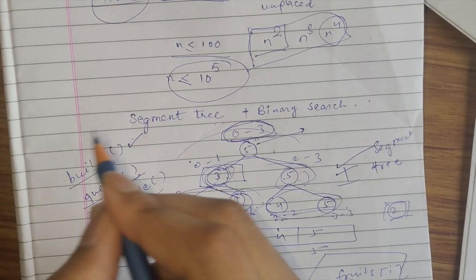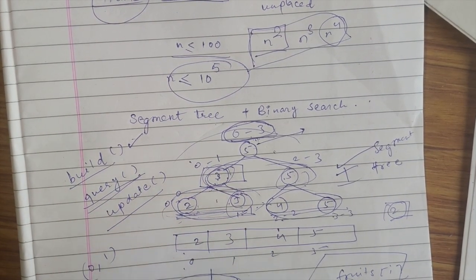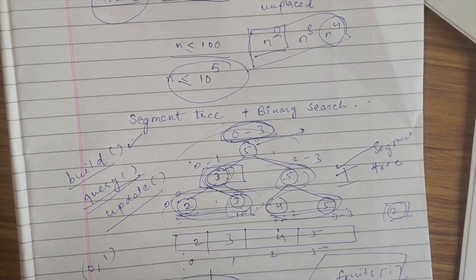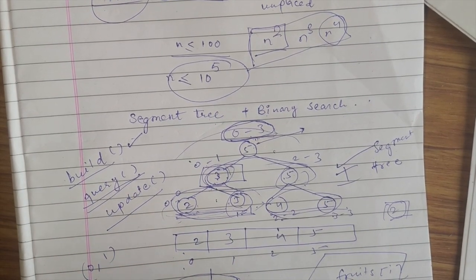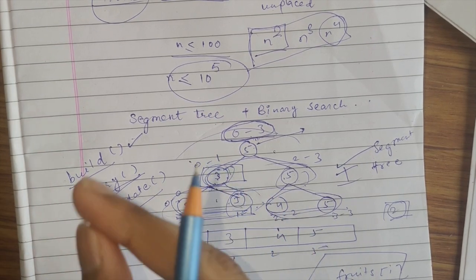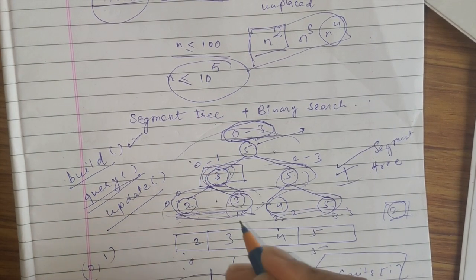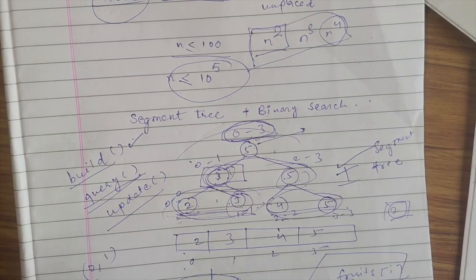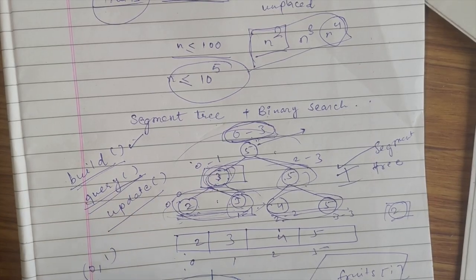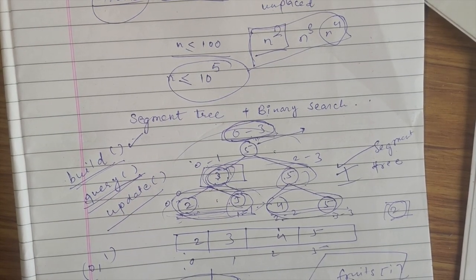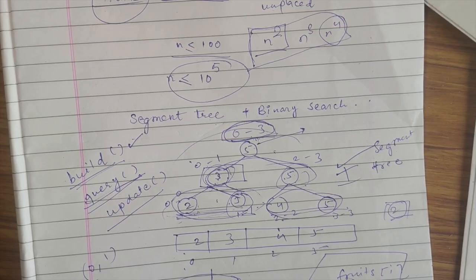And when we check the right subtree, recursively we will keep checking, and whenever we find the right basket to place, that will be used to place that fruit, and that is the logic here. So we have to build the segment tree first, and query for the range, using binary search in this range.